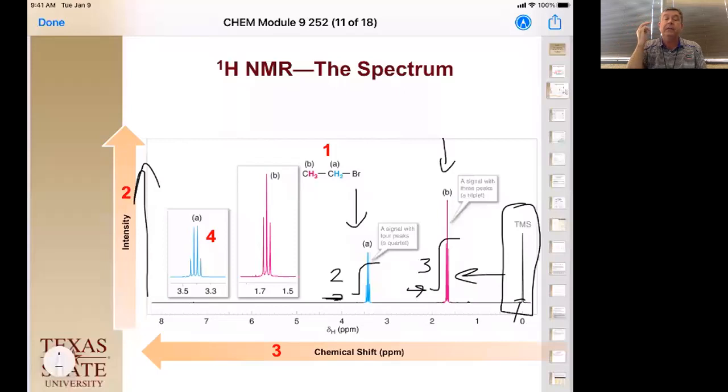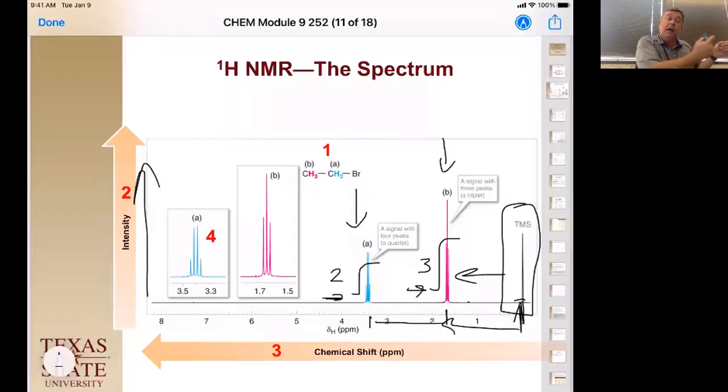Number 3 is position or shift. Notice we started at 0 with our standard. We have 1 peak that shifted at about 1.75 and another peak that shifted at about 3.5. What that means is that they have different electronic environments.